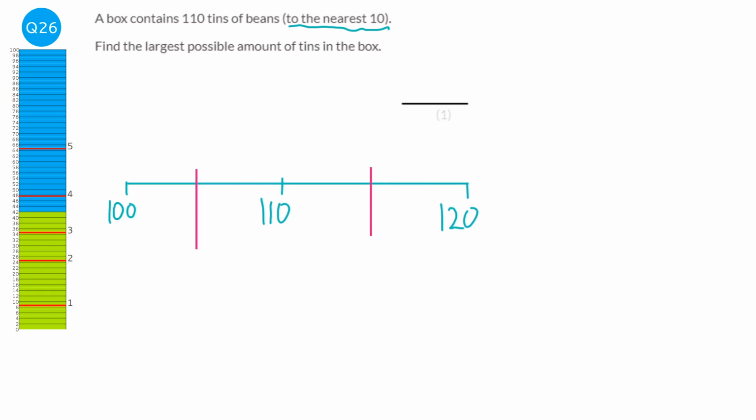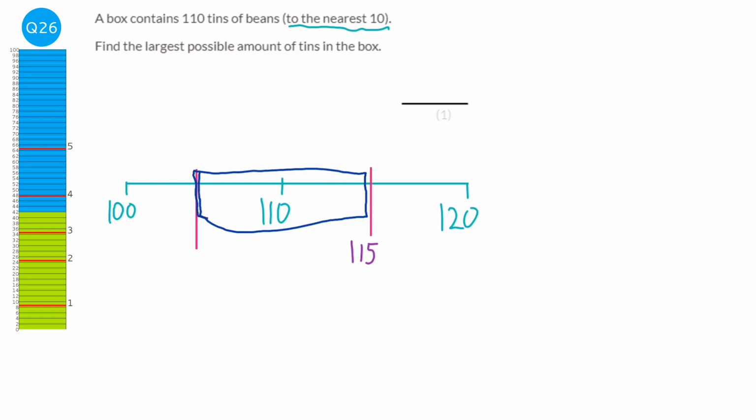If the number is on the cutoff point, which we can see is going to be 115, then we know it would round up. So we need to find the biggest number in this part here, and it includes this line.